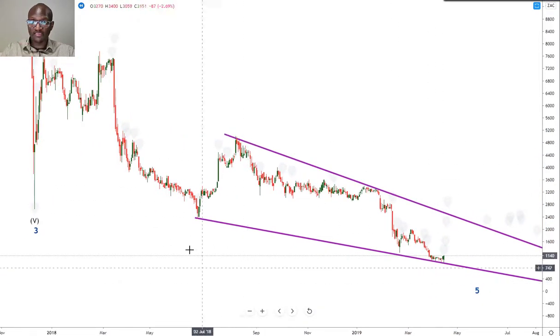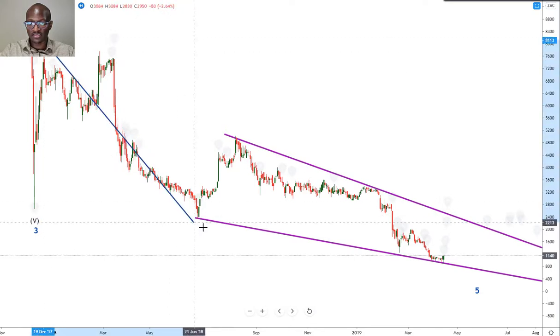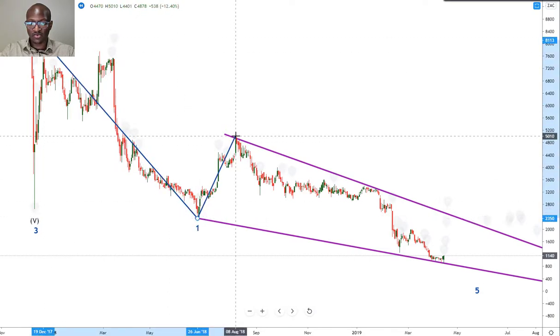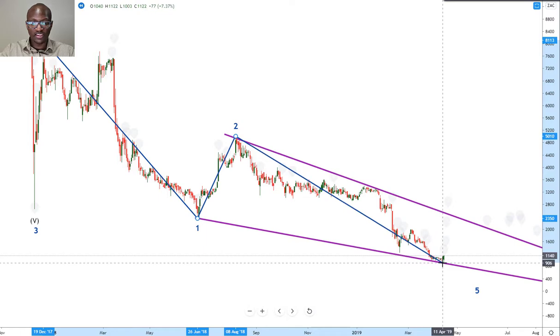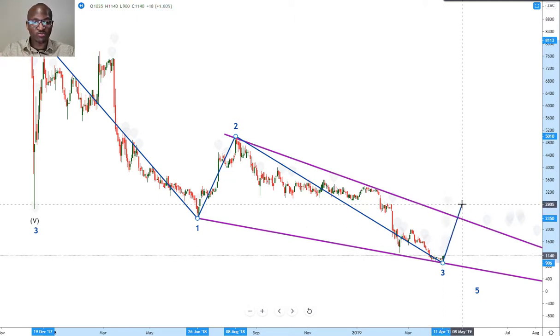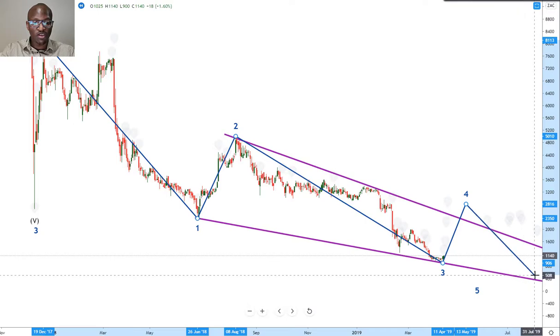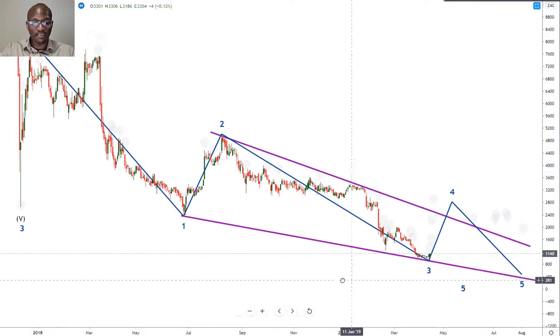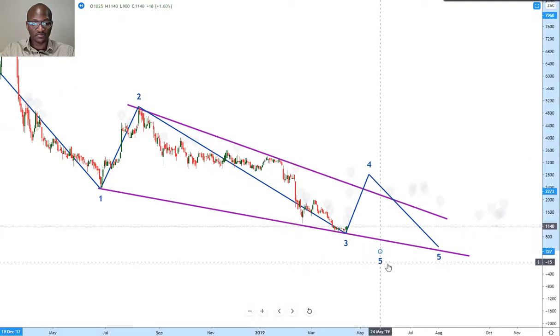So what we have here from this waveform is a wave 1, wave 2, wave 3, and remember, with an ending diagonal, the fourth wave terminates in the price territory of the first wave. So somewhere around here we can anticipate wave 4 before we come back down for wave 5, which will then complete this wave 5.